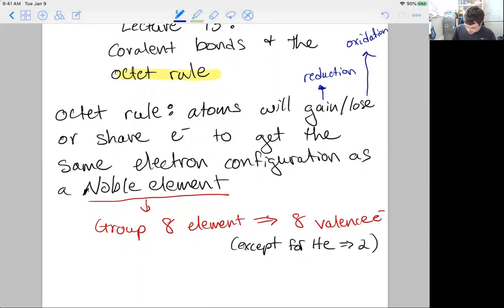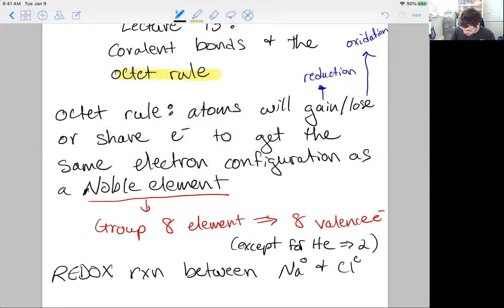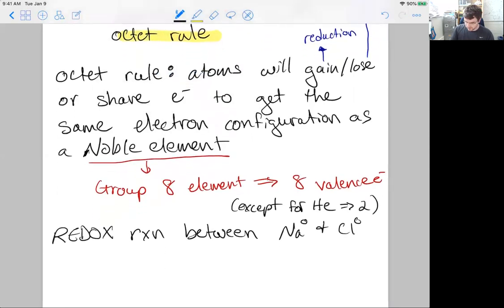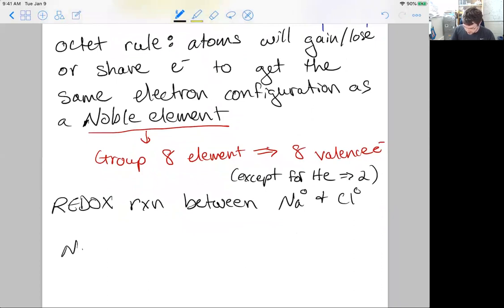Let's talk about the redox reaction between Na0 and Cl0. If you recall, we can take Na0 and react it with Cl0 to form Na+ Cl-.